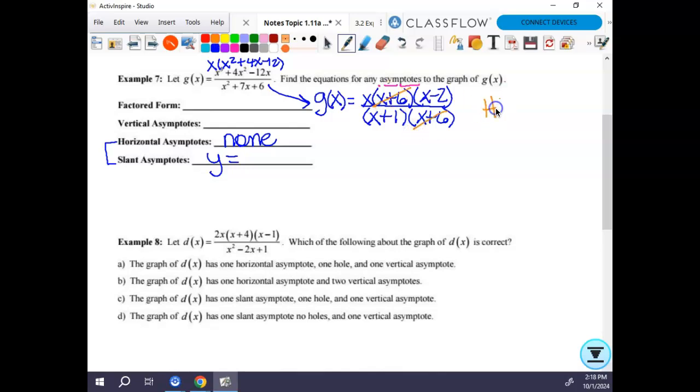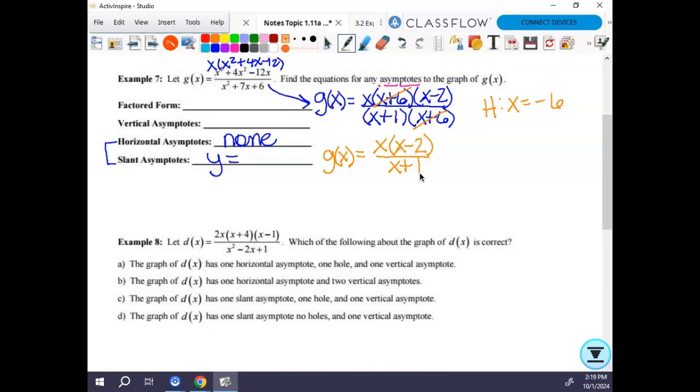So that tells me I have a hole at x equals negative 6. I realize that this question didn't ask that, but I don't ever want to just ignore something like that where you think you just cancel it out and it just disappears and doesn't mean anything. So then my reduced version looks like this. x times x minus 2 over x plus 1.